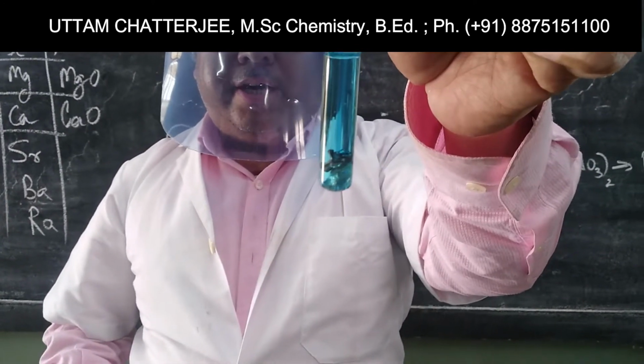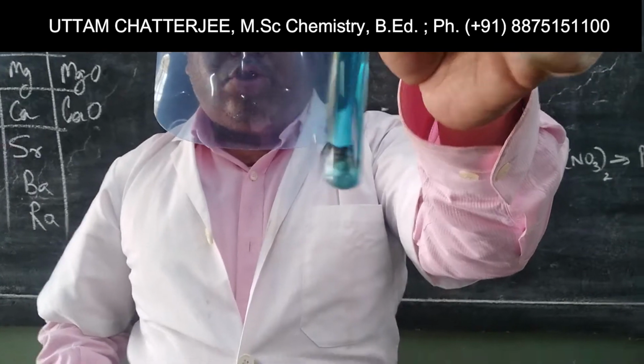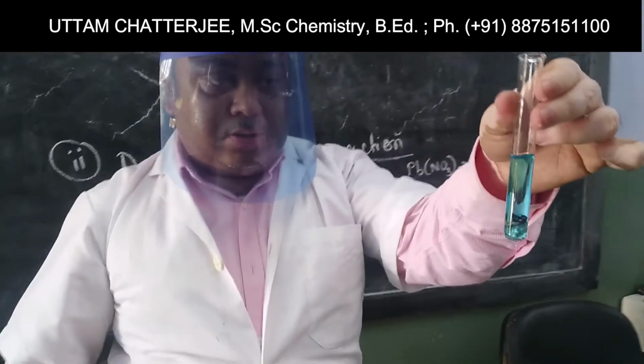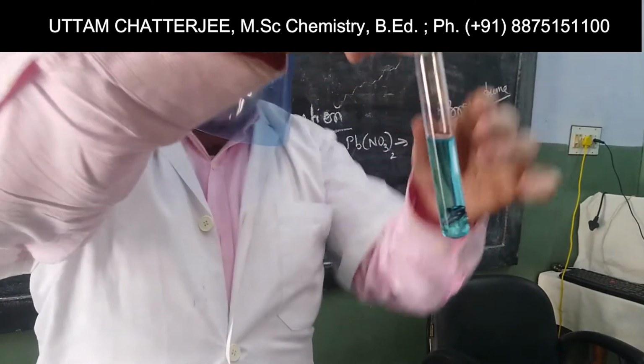We will find that slowly and slowly this zinc will convert itself into a brown colored substance. Means copper will start getting deposited on this. Yes, it is happening. You can see that it is becoming brownish now.